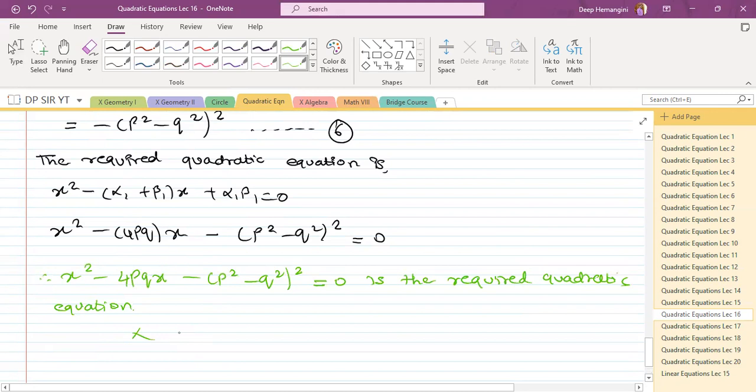And we are done with today's session, since it's already 29 minutes and we are having only 1 minute, and in 1 minute we can't solve any other question.